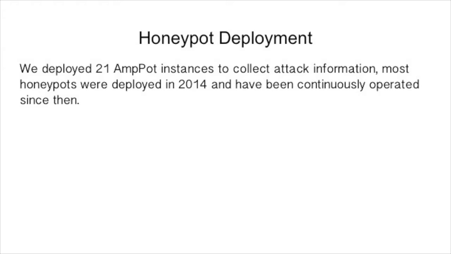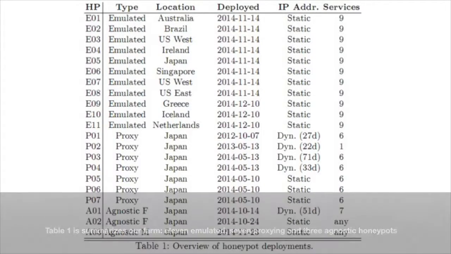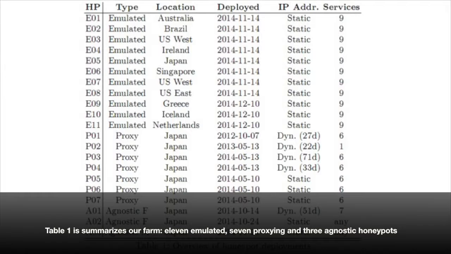We deployed 21 AmpPot instances to collect attacker information. Most honeypots were deployed in 2014 and have been continuously operated since then. Table 1 summarizes our farm: 11 emulated, 7 proxying and 3 agnostic honeypots.